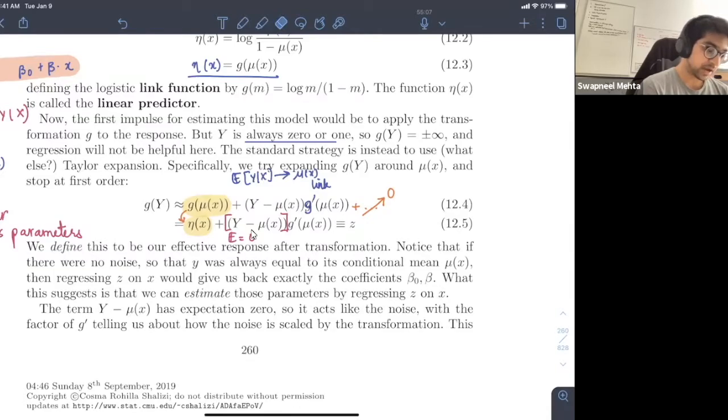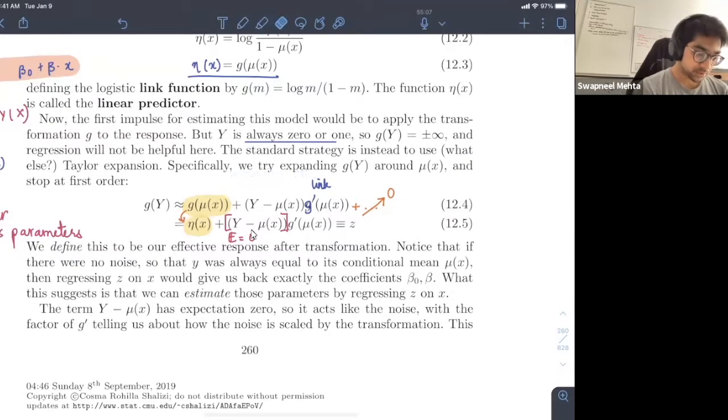I'm being hand wavy here because mu x is equal to the expectation of y given x, and I'm saying that eventually y will go to its mean and there will be no bias between these two things. But this entire term has expectation zero. That's all that I'm trying to get at.